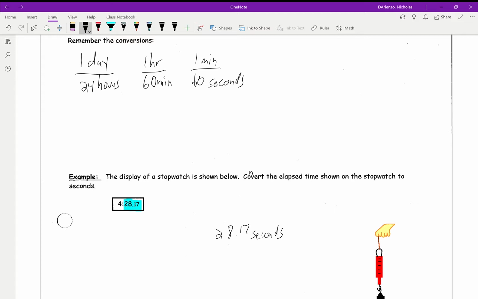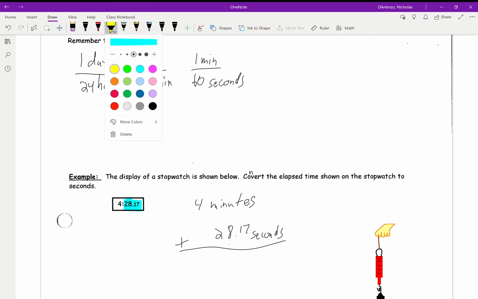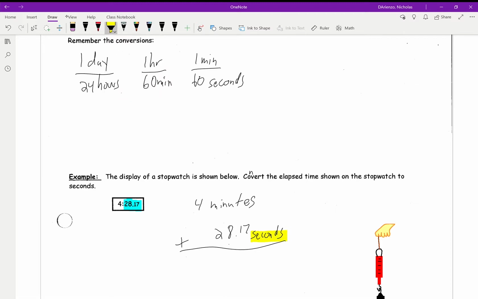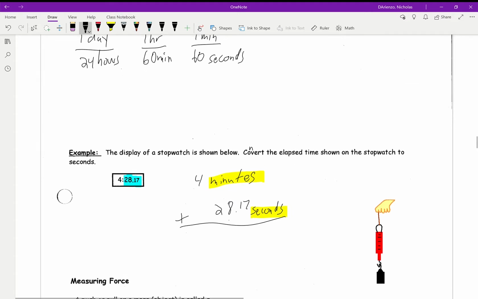But we also have this other part, which is in minutes. Having different units here, seconds and minutes, we can't just add these together. We have to make sure that they're in the same unit in order to combine them.